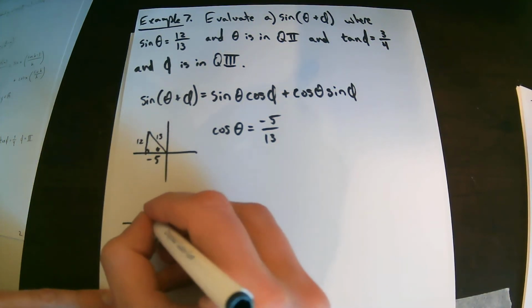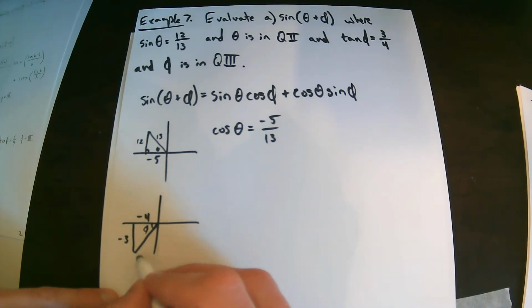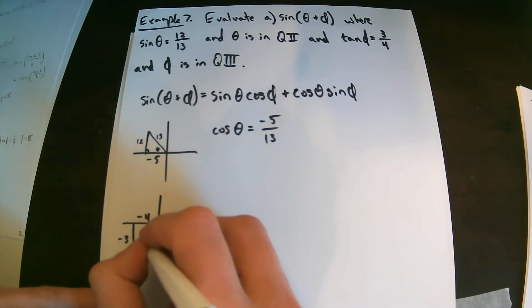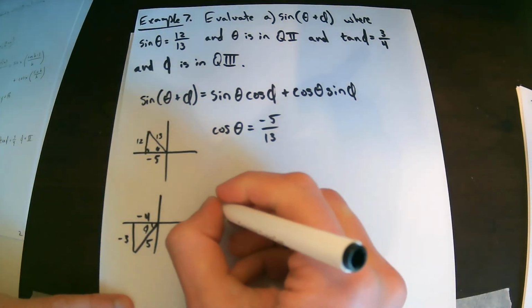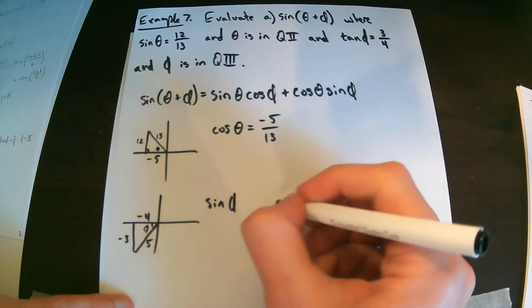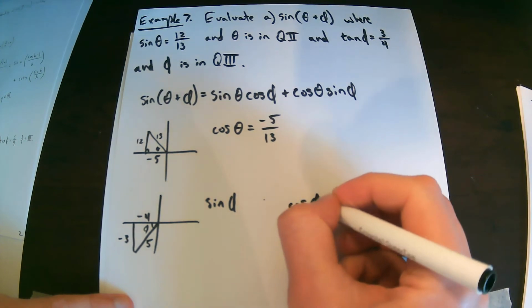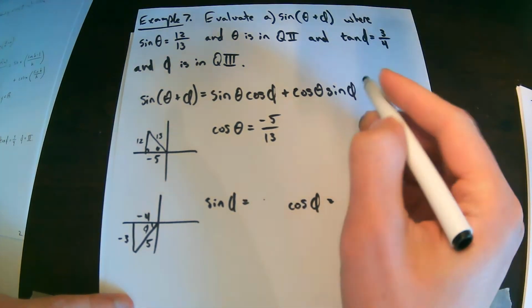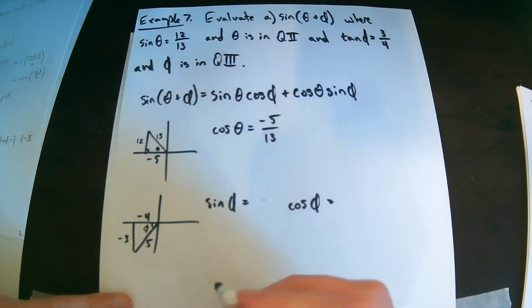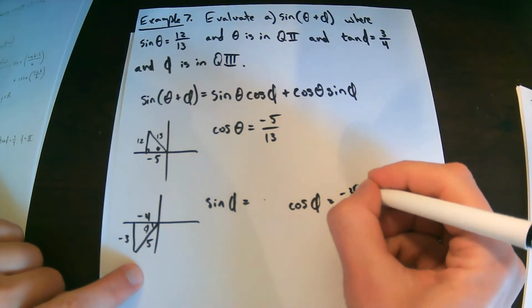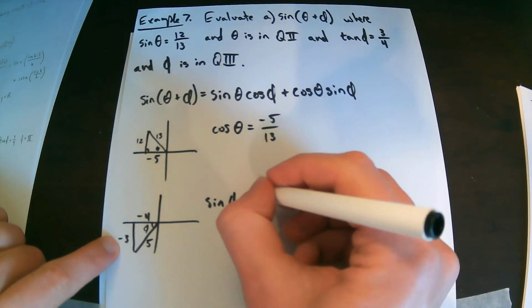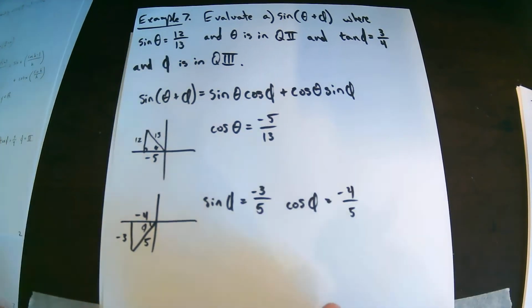So negative 3 and negative 4 there. I'm going to need to find this hypotenuse, and by the Pythagorean theorem, you'll end up finding that it's 5. And it's positive. The hypotenuse is always positive. I need both sine of phi and cosine of phi. Cosine of phi is adjacent over hypotenuse, so negative 4 over 5, and sine of phi is opposite over hypotenuse, so negative 3 over 5.